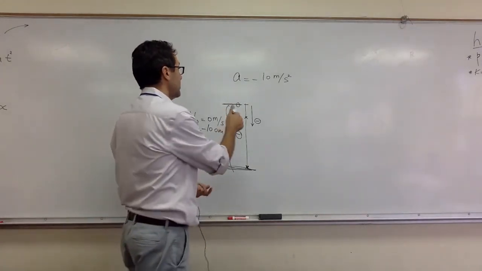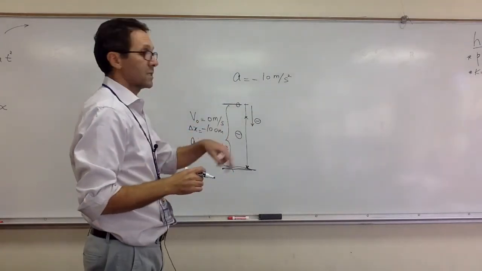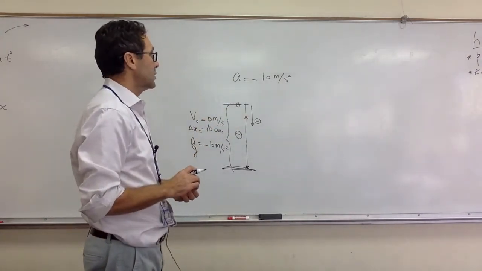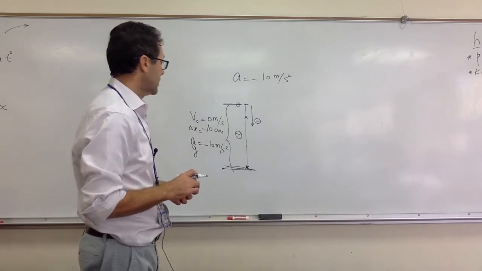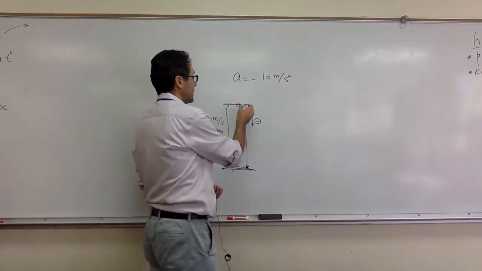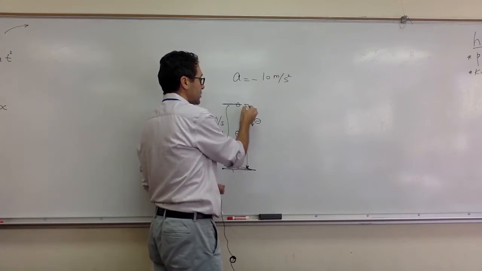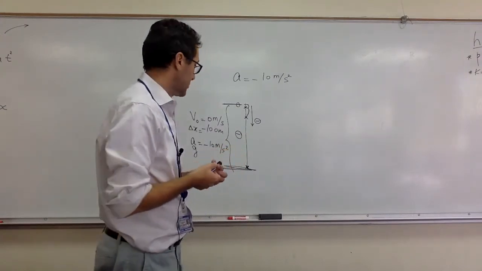So my velocity will be negative 10 meters per second. Another second later, 2 seconds from the beginning, I will be going at 20 meters per second down, which means in terms of velocity, it's negative 20. And we should see that as you're traveling down, the distance traveled every second should increase because of the acceleration.